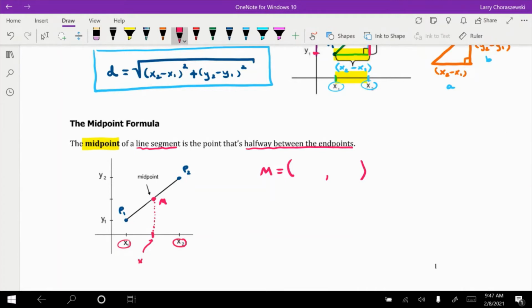And to average them, we add them up and divide by 2. Okay, that'll always give us the tick mark halfway between two other tick marks. We also average the y-coordinates to get the value of the tick mark that's halfway between y1 and y2.